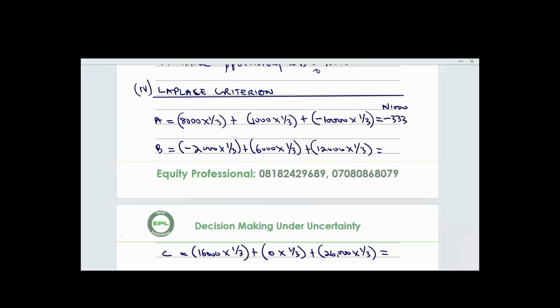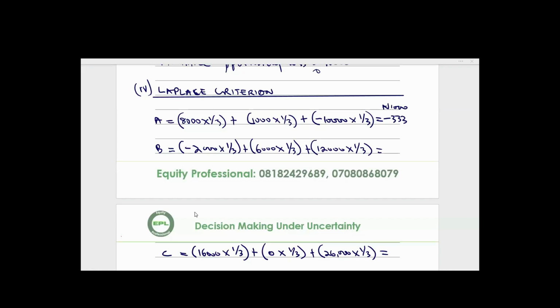Then we go to alternative B. You do the same thing. Open a bracket, minus 2,000 divided by 3, close the bracket, plus open another bracket, 6,000 divided by 3, close the bracket, plus open another bracket, 12,000 divided by 3, close the bracket.